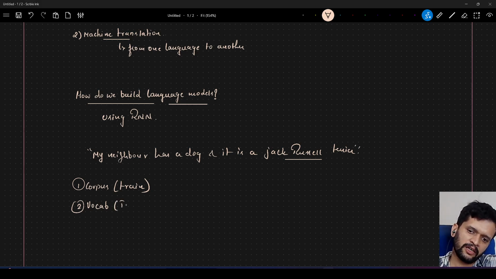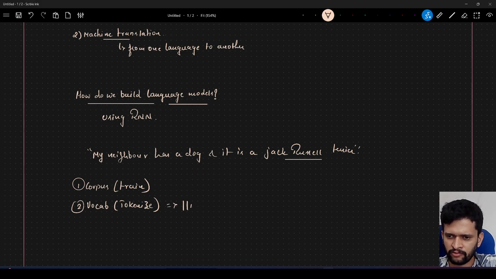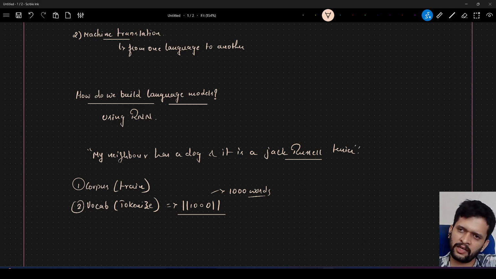What is this vocabulary? I need to tokenize the entire corpus and separate out the words. So this will be my vocabulary. Let's say I have a vocabulary of 1000 words, just for the sake of understanding, 1000 unique words in my corpus. So that's the length of my vocabulary.